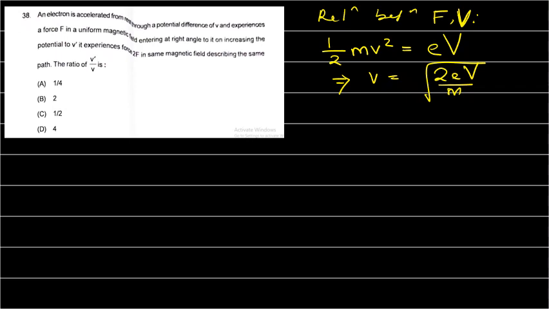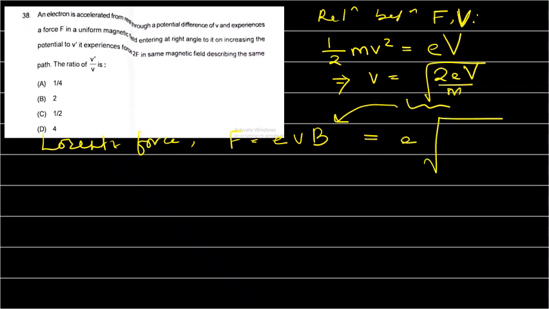From the Lorentz force expression, I know that F is equal to Q, here for an electron, e v B. If we put this v here, the total expression is e B square root of eV upon m.